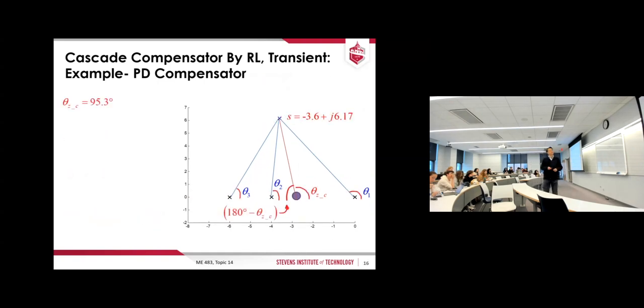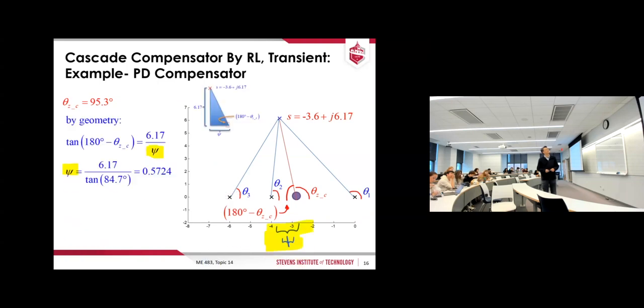All right. We know that this angle is 95.3. Use this triangle here. Say this is your design point. The y-axis, 6.17, is omega d. The x-axis, we know exactly. Let's say we draw a 90 degree line below this point.